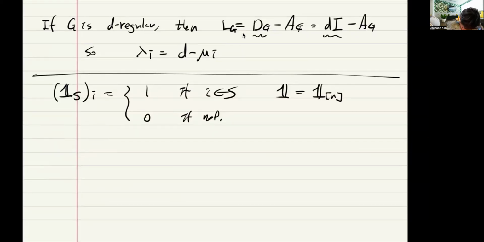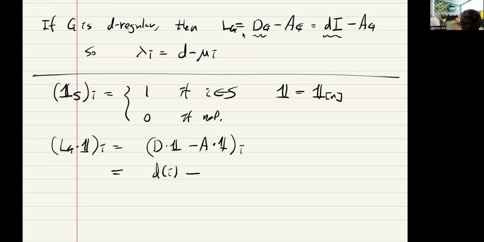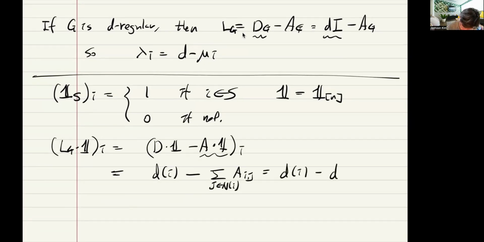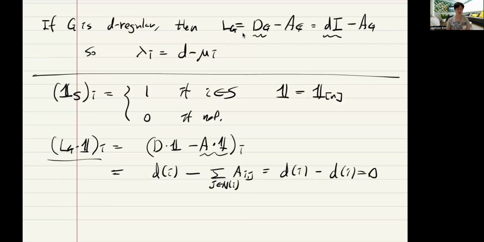Then you can easily see that if you multiply L G with the all-ones vector, you can check that this is actually 0, because its i-th coordinate is the i-th coordinate of D minus A times 1, which is the degree of i minus the summation of A i j over j in the neighborhood of i, which is again the degree of i, so 0. This shows that this is the all 0 vector.